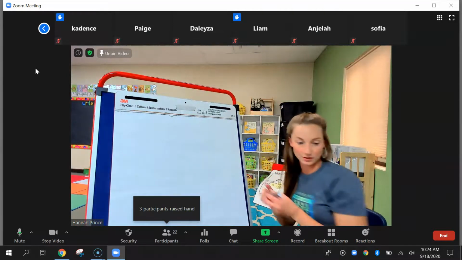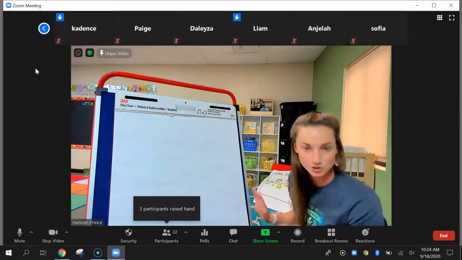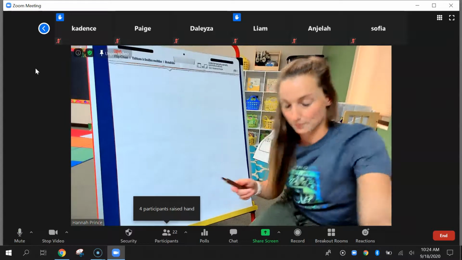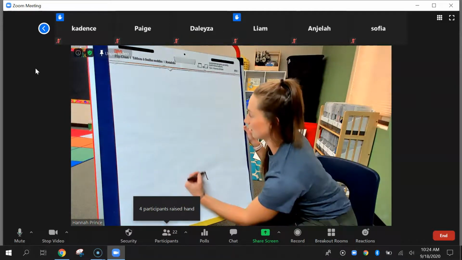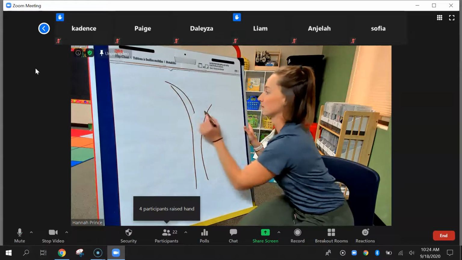What we're going to do is write some words in our tree. Okay, Miss Prince is going to make a trunk with some branches.